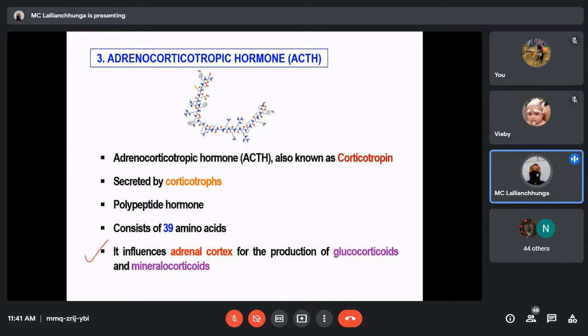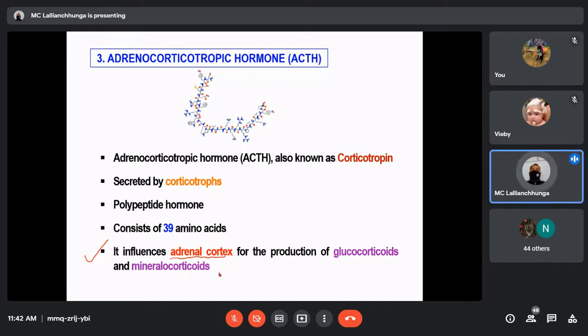We know that CRH from the hypothalamus will influence the secretion of ACTH from the anterior pituitary gland. And ACTH, when it reaches the adrenal cortex, which is also a big endocrine gland we'll discuss in detail, will bind to its receptors and start producing glucocorticoids such as cortisol, as well as mineralocorticoids such as aldosterone.